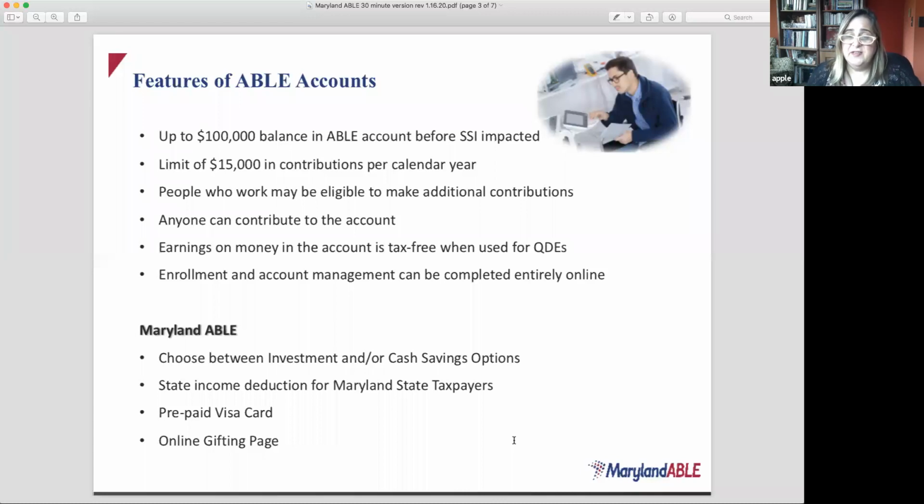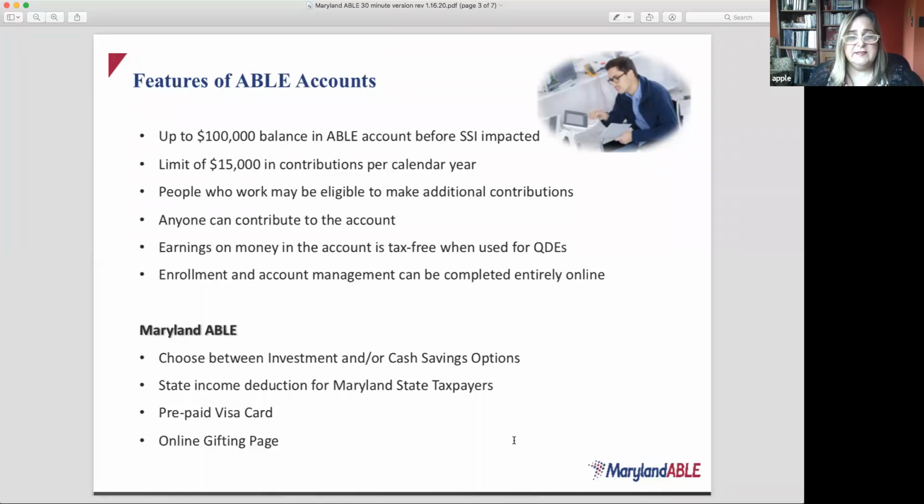So the cash savings option is very similar to a money market savings account that you can get at any of the local banks. It's FDIC insured. Right now, obviously, the interest rates are just not so great anywhere. So you're not earning a lot of interest on the cash savings option, but that is definitely one way of saving money in your ABLE account.